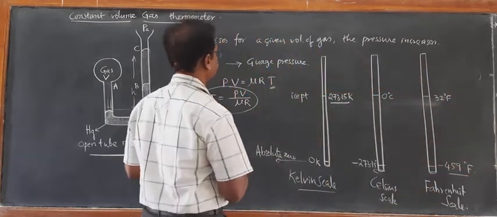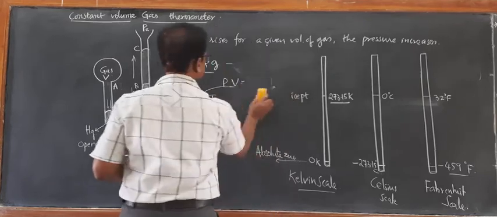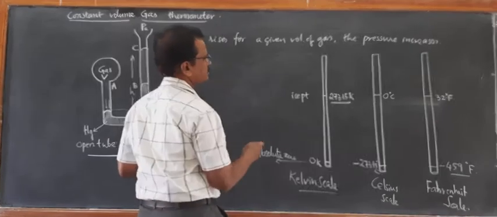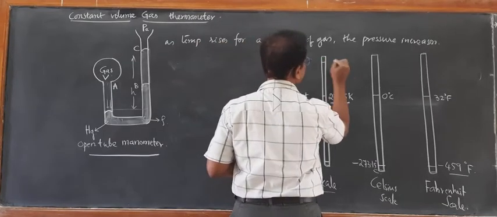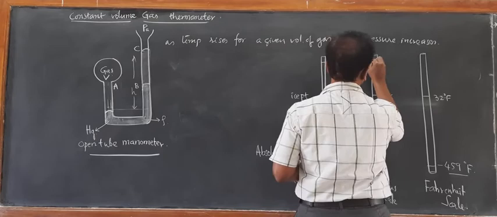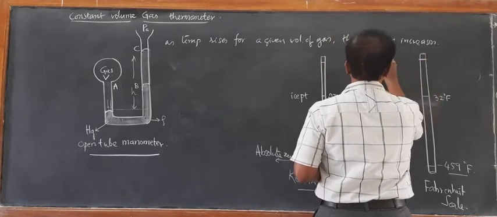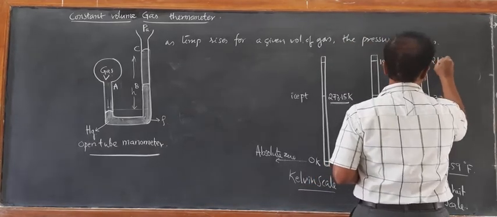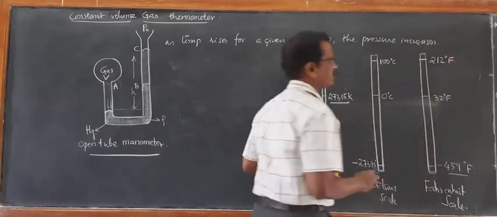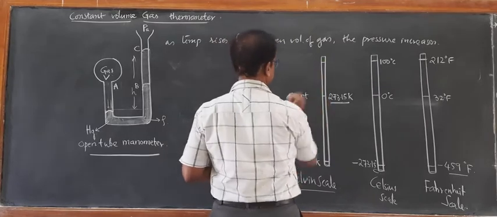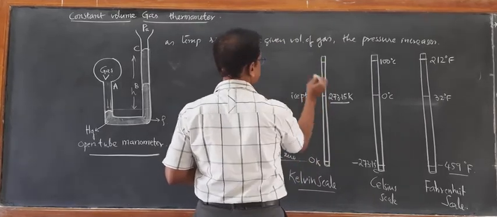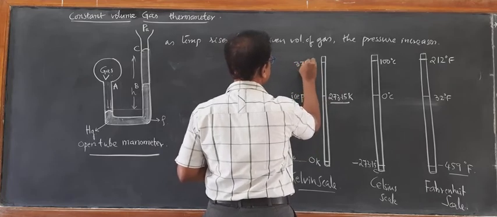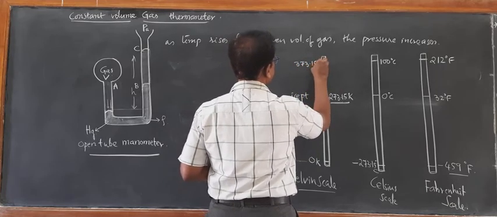Then another fixed point is the steam point. Steam point corresponds to 100 degrees Celsius, 212 degrees Fahrenheit on the Fahrenheit scale, and in the Kelvin scale it corresponds to 273.15 plus 100, that is 373.15 Kelvin.